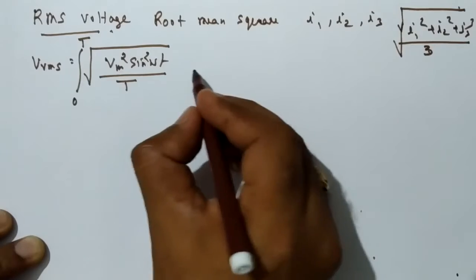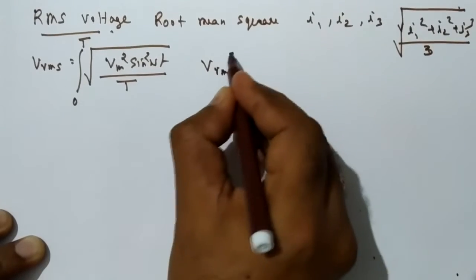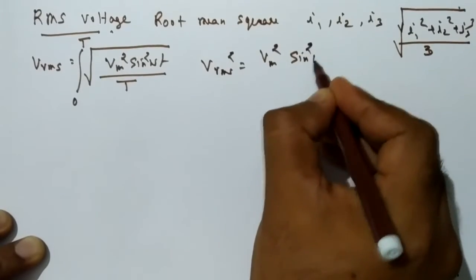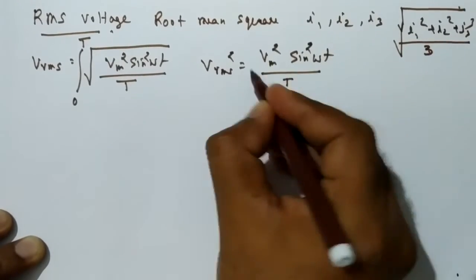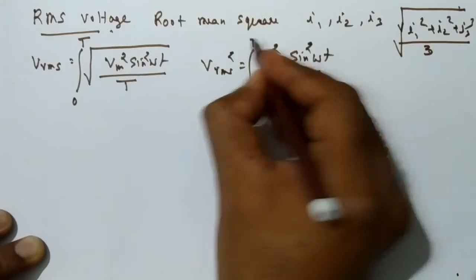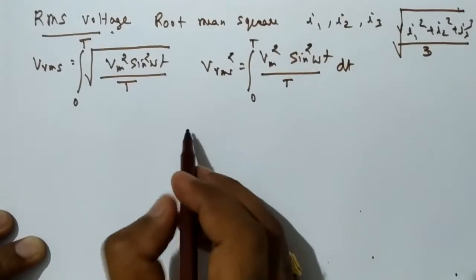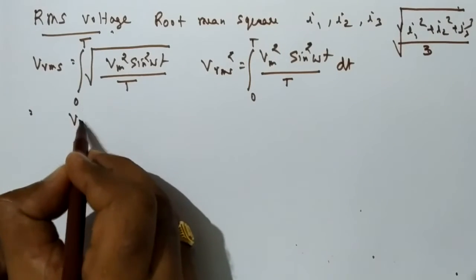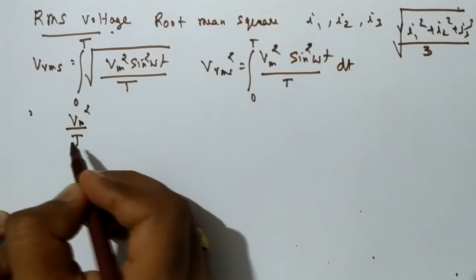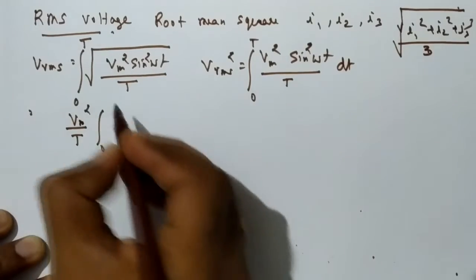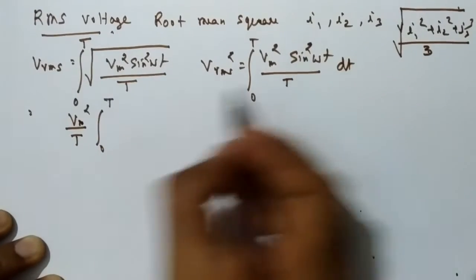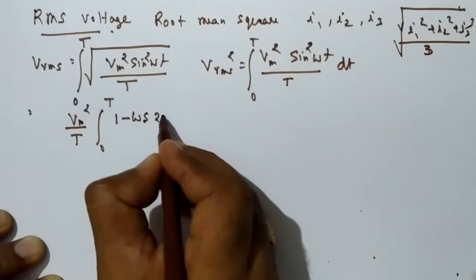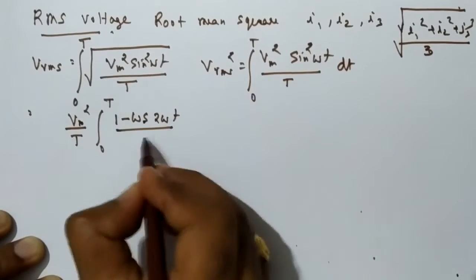Now to simplify this, I'll write this as Vrms square, that is equal to Vm square into sine square omega t divided by T, integrated from 0 to T dt. This is equal to Vm square divided by T, you take it from outside, and 0 to T, sine square omega t is nothing but 1 minus cos 2 omega t divided by 2.